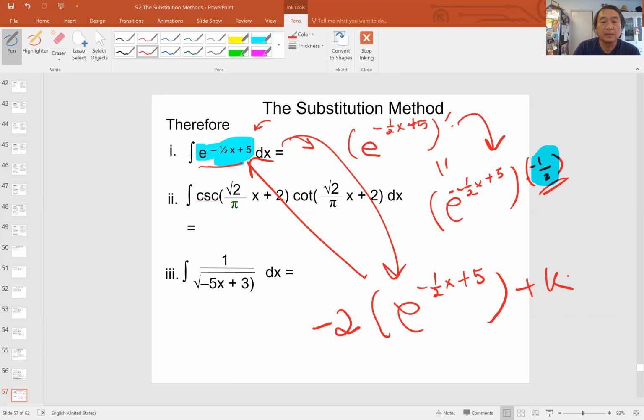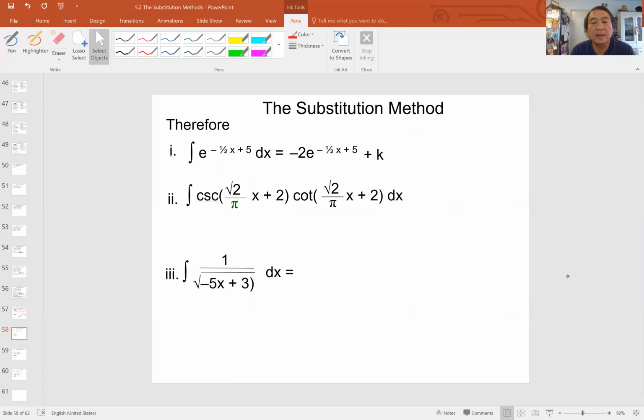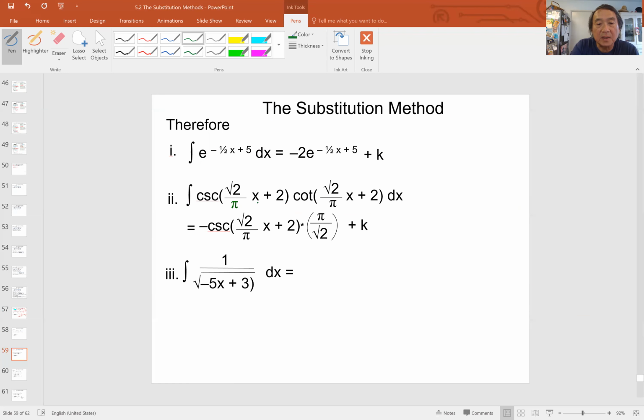Okay, and here are some examples you can see. For instance, over here, the antiderivative of cosecant cotangent is going to be minus cosecant. But it's not exactly minus cosecant of this, because when I use the chain rule, the derivative of the inside will have a constant.